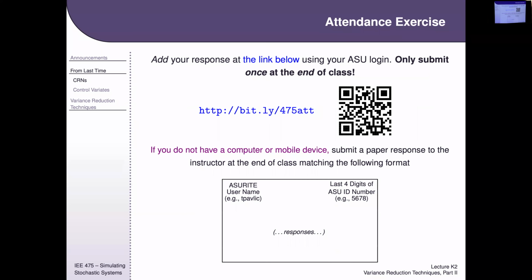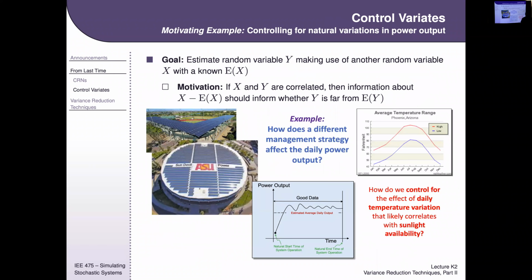All right, so the other method that I wanted to talk about last time really applies to the real world as well, but this is known as control variates. This method has a slightly different motivation.